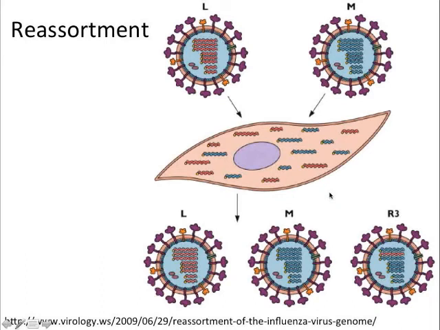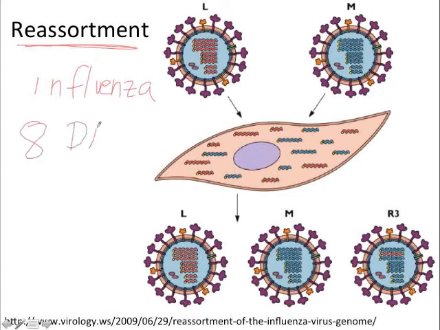Another thing that can happen, and this is quite common for the influenza virus, is you might have reassortment of your genes. So in the influenza virus, you basically have 8 DNA segments, or 8 chromosomes.